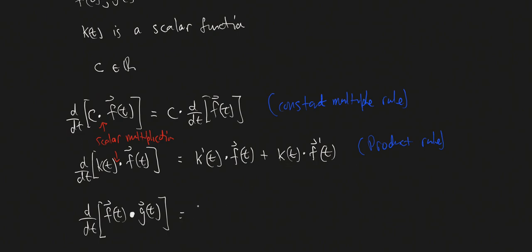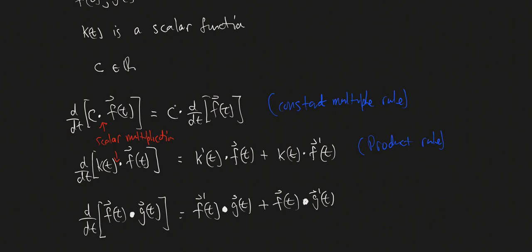So what you would do is take the derivative of the first function and then do a dot product with the second function, again all vectors here, and then plus the first function, again dot product with the derivative of the second. Notice now all the factors here are vectors. That was not the case in the previous rules.